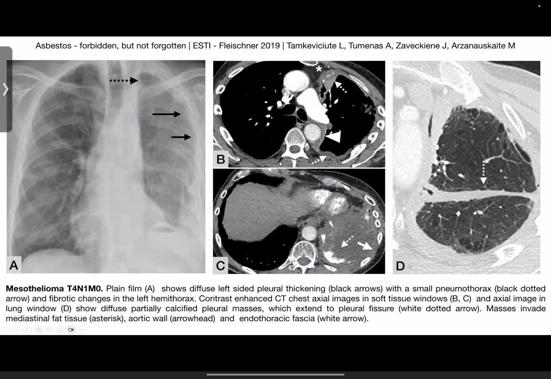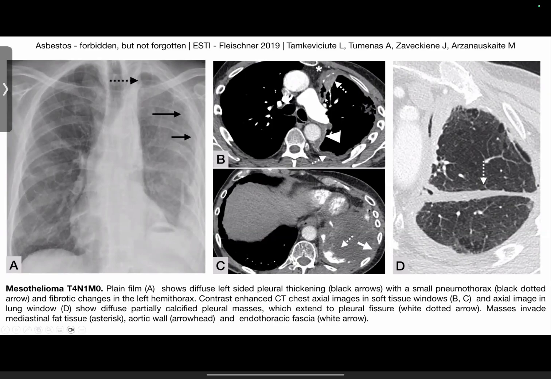So this is a picture of mesothelioma that I found, and as you can see here, there is diffuse left-sided pleural thickening. There is maybe a very tiny, small pneumothorax, which is up here.